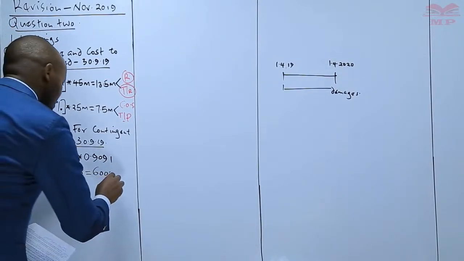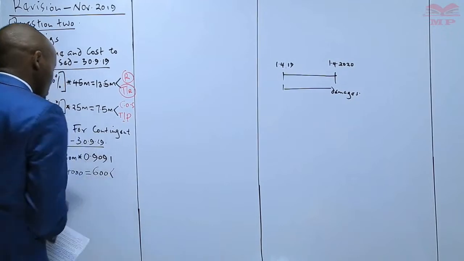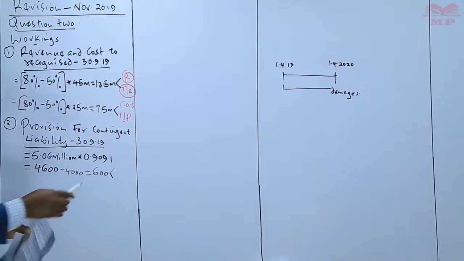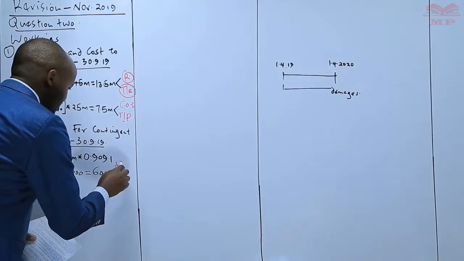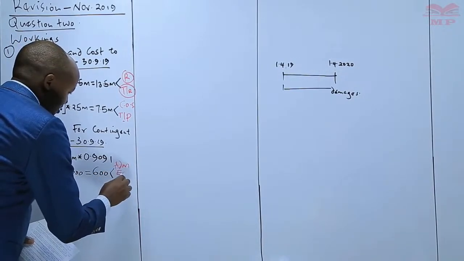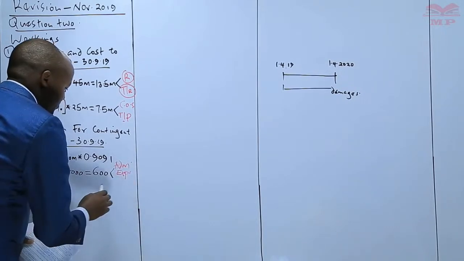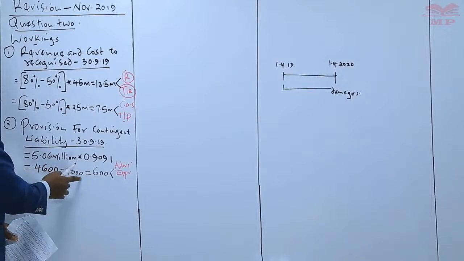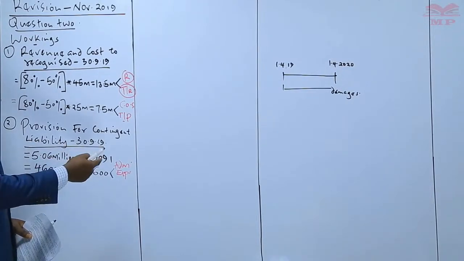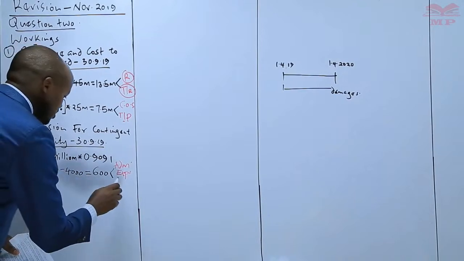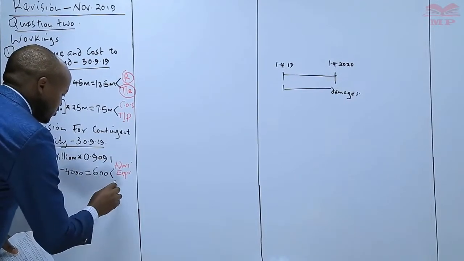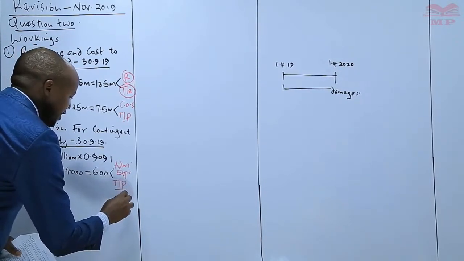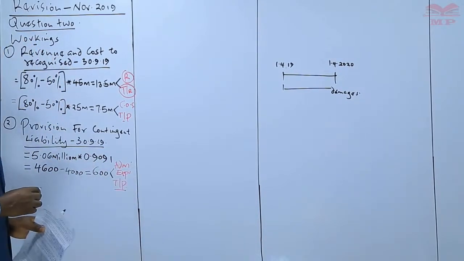So this additional provision will be accounted for, one, as part of administrative expense, simply because this particular provision of 4 million was accounted for as administrative. And two, because it is money which will be set aside, it will be accounted for by the company as part of what? Trade payable.